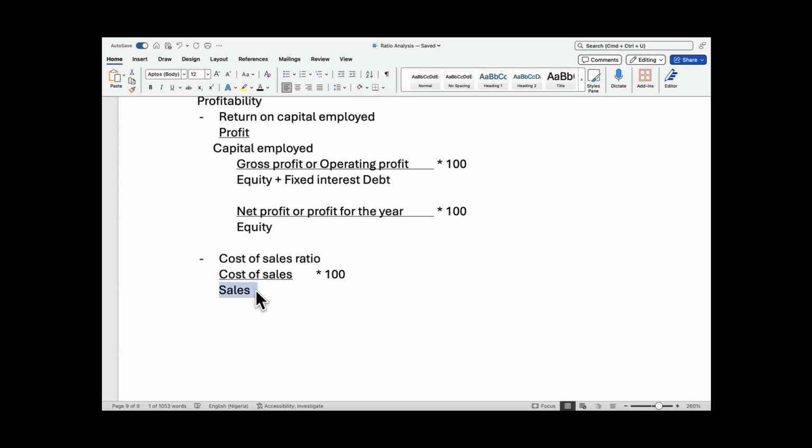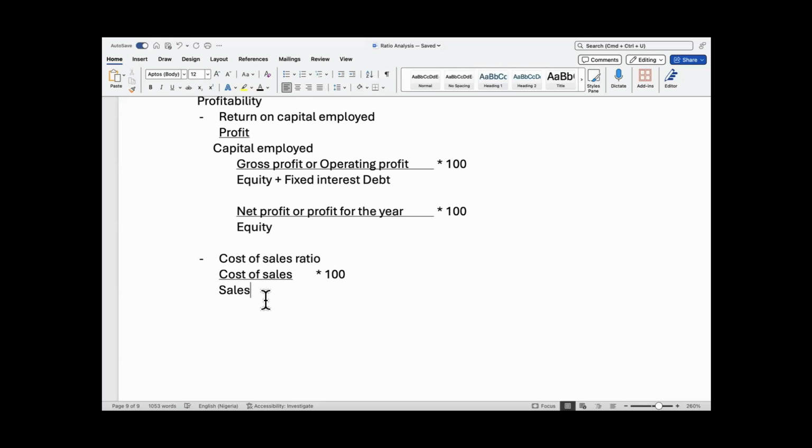So that goes to show that if you have a cost of sales ratio of, let's say, 20%, it automatically means that your gross profit margin will be 80%.